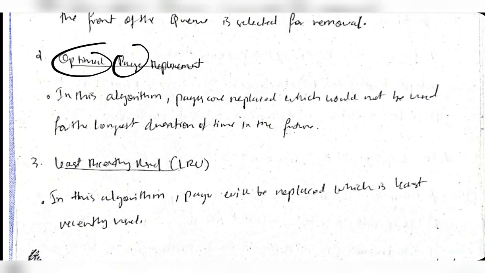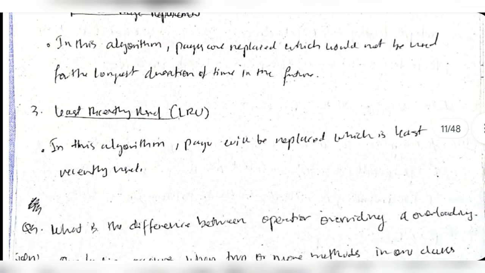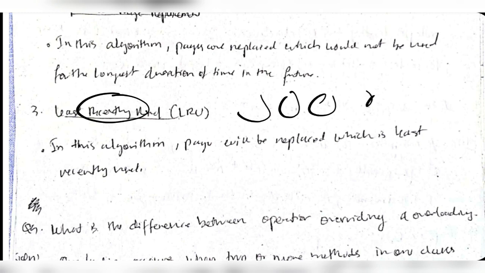And optimal page replacement, in this pages are replaced which would not be used for the longest duration of time in the future, based on which page is probably not going to be used more, that will be cleared up. The third one is LRU, least recently used, meaning the page which is least recently used will be removed from the memory. So these were the three types of page replacement algorithms.